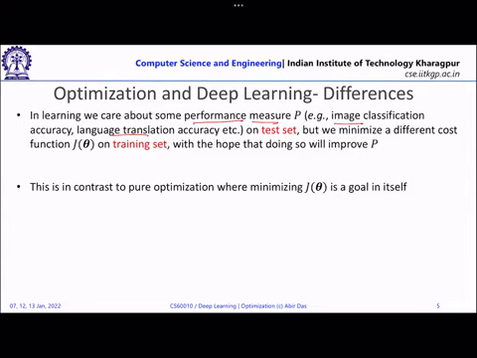There are other measures we will see, like top 1 accuracy and top 3 accuracy. Top 3 accuracy means the model is given a chance of predicting, say, 3 guesses for one image: what is the most likely label, the second most likely, the third most likely.